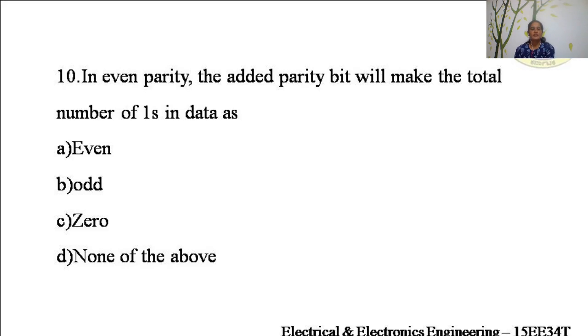Tenth one. In even parity, the added parity bit will make the total number of ones in the data as A, even, B, odd, C, 0, D, none of the above. Answer is A, even.